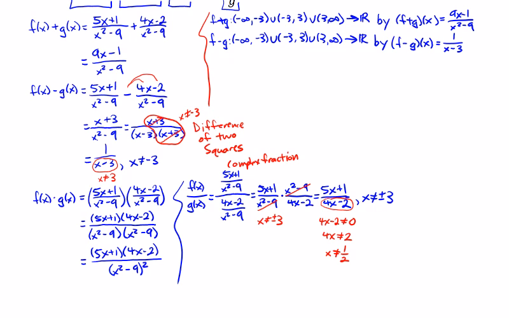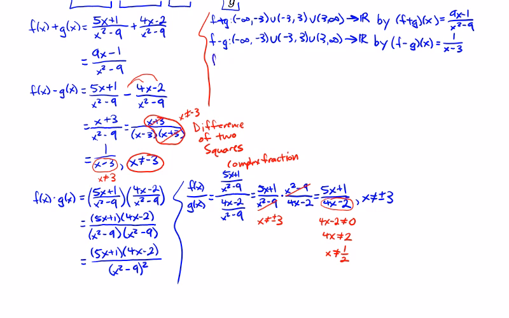And I don't have to write down the x cannot equal negative 3 because we already have that notated in the domain right here. So that's already taken care of there, so we don't have to write it down again. If you do write it down, it certainly isn't going to hurt anything. It just becomes a little redundant.